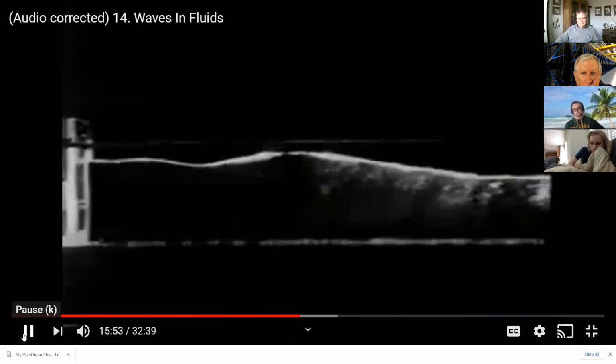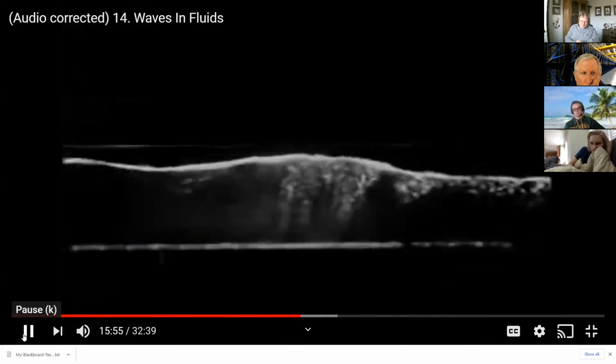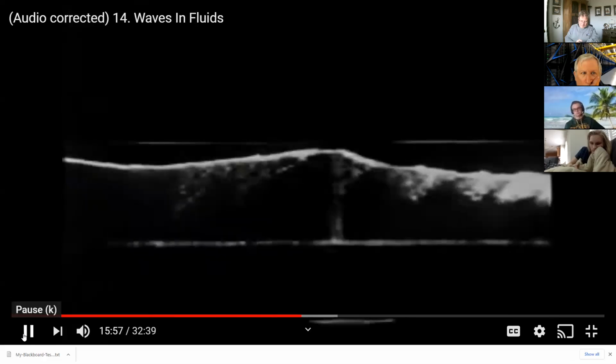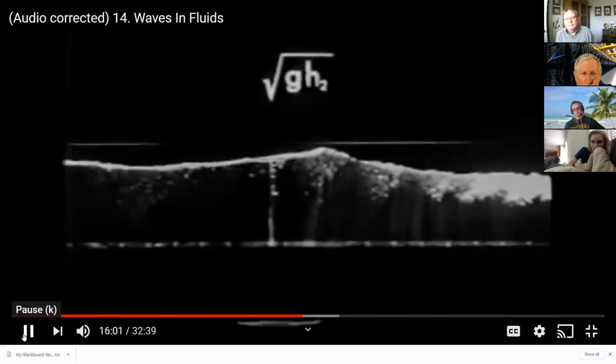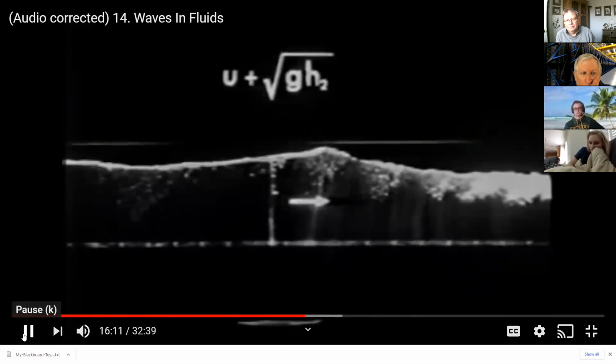Small amplitude waves behind the surge move relative to the fluid at a speed square root of gH2. However, behind the surge wave, the fluid is moving. There is a drift speed of the fluid, U. And the drift speed plus the local wave speed is always greater than the speed of the surge wave.